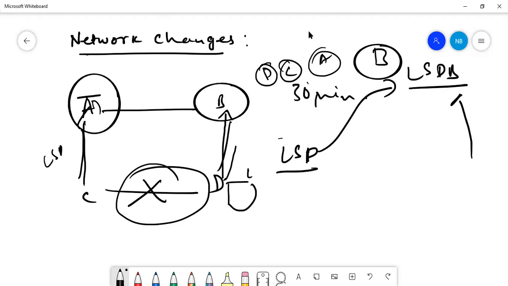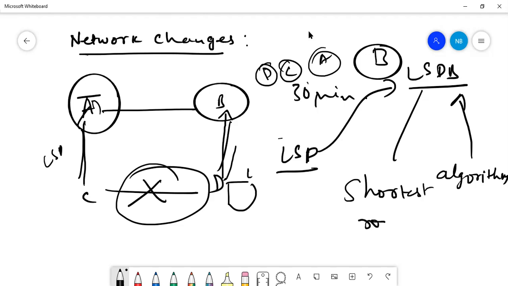We will apply the algorithm on the updated LSDB to get the shortest route. So this is all about the link state protocols.